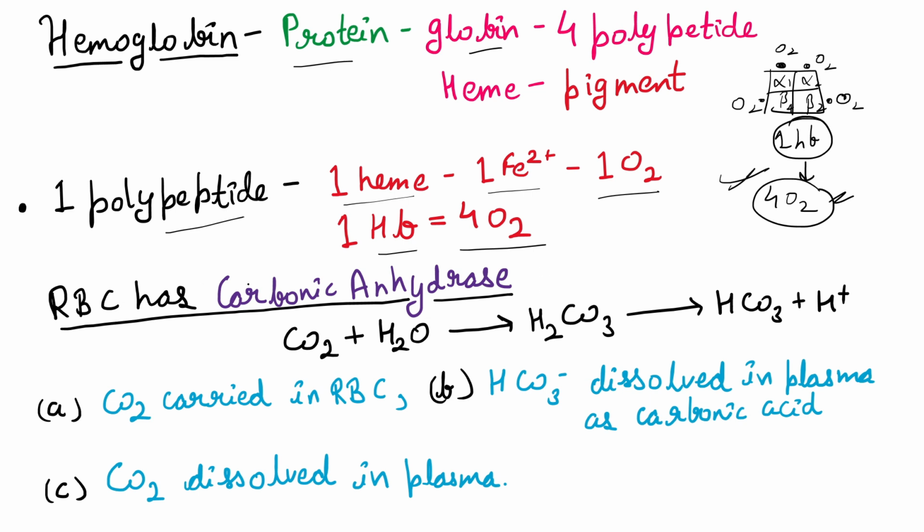Now RBC has carbonic anhydrase, so it would convert CO2 plus H2O to H2CO3 and then HCO3 minus plus H plus. CO2 is carried by the RBC, and HCO3 dissolves in the plasma, and CO2 also dissolves in the plasma.